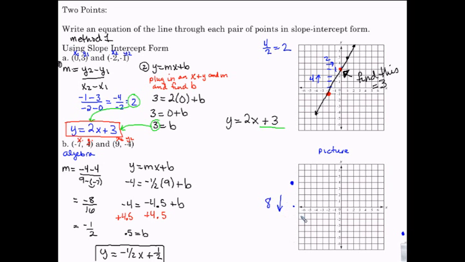I'm going down 8. And I'm going over 16. So I'm still going to have the negative 8 over 16, which is going to give me negative 1/2.